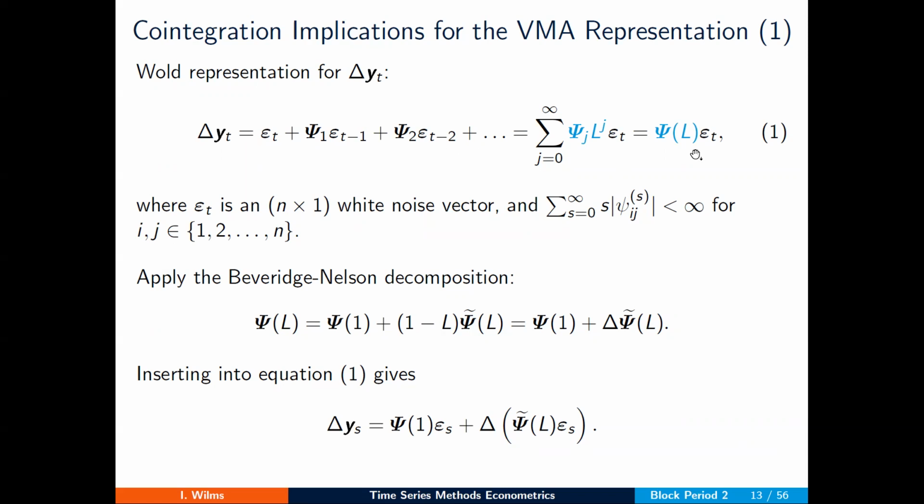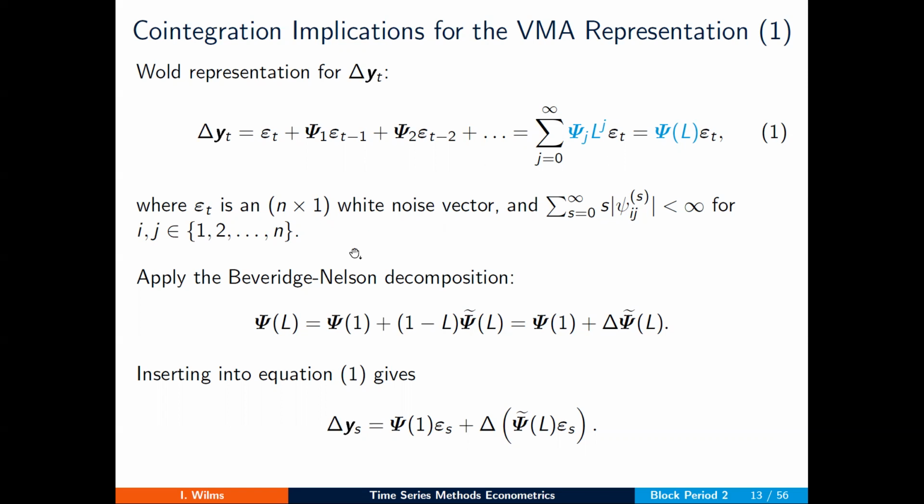And if I introduce here my lag operator, I can compactly write down this infinite sum through my lag polynomial Psi(L) here. So I recognize here the form of a linear process.